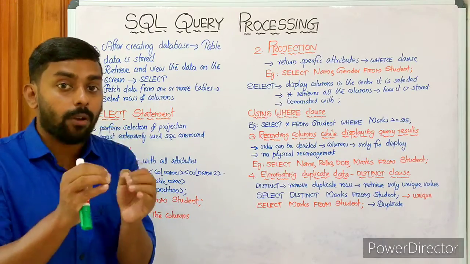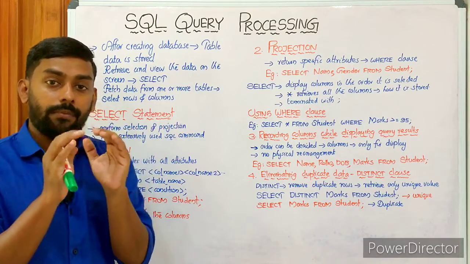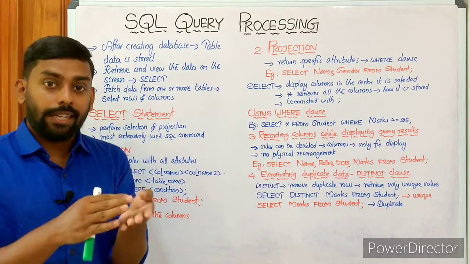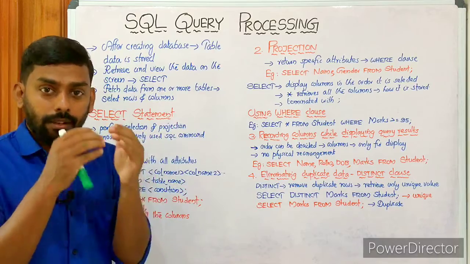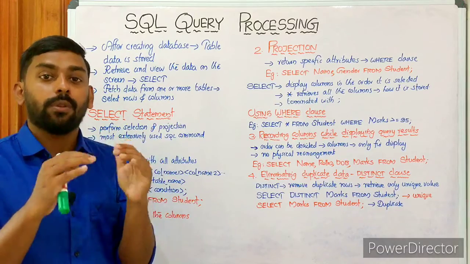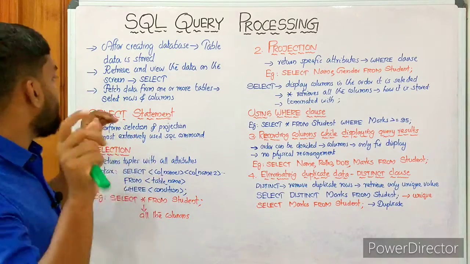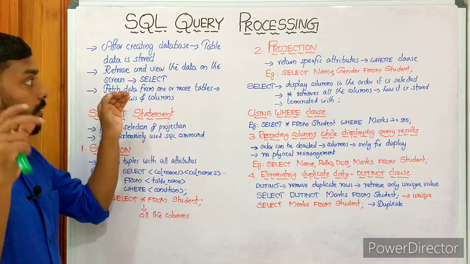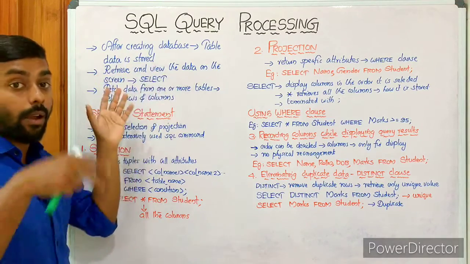So select is the most commonly used SQL command, because after having all the operations, update, delete, insert, create, of course truncate, we will have to select it, meaning we will have to retrieve data, we will have to show how the table appears. It's used to retrieve and view data on the screen using select command.